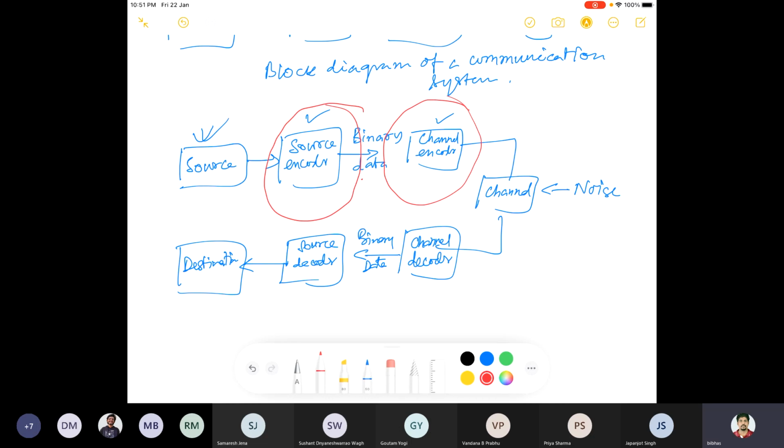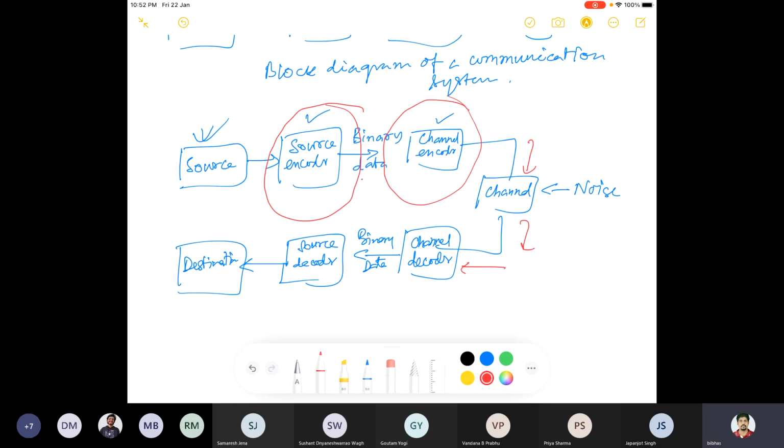So this is about the encoding side. Next, the sequence of binary data has to be reliably sent through this noisy channel. Once it reaches the decoder, the job of the decoder is again very crucial, because it has to decode the same binary data sequence which was transmitted, even if there is noise.